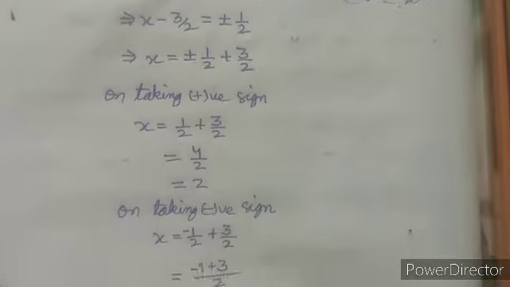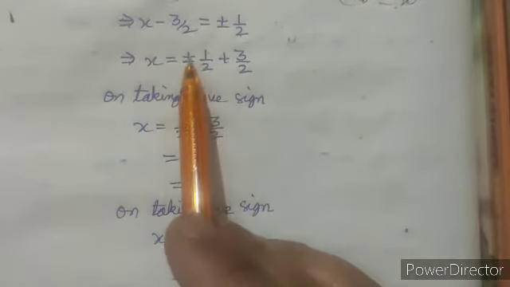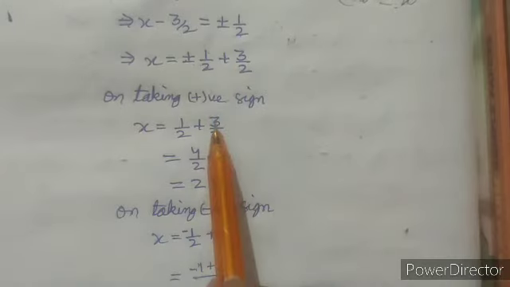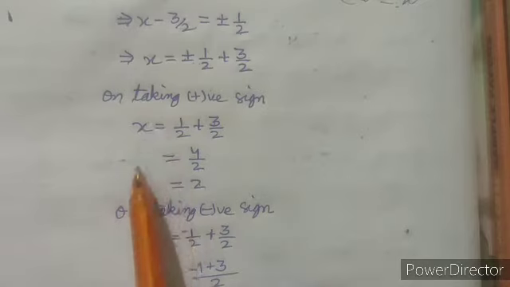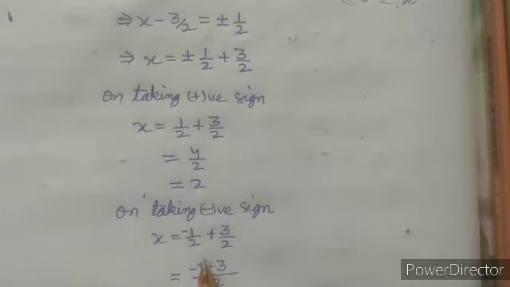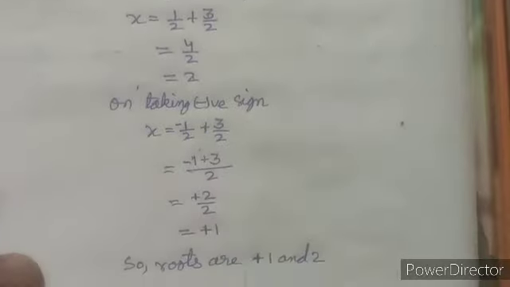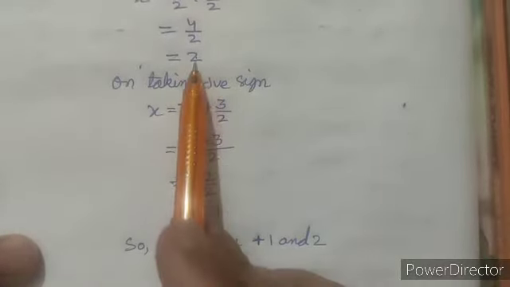First we will take the positive sign of 1 by 2. Now x will be equal to plus 1 by 2 plus 3 by 2, and that is giving us the value of x as 2. Now on taking the negative sign, that will be minus 1 by 2 plus 3 by 2, and that is giving the value of x as 1. So the roots are 1 and 2.